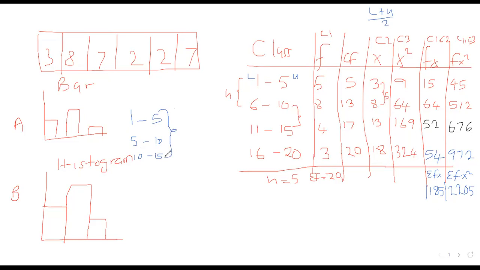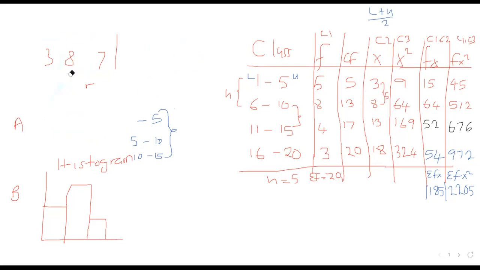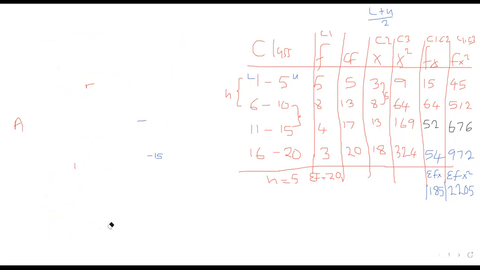If that is not the case, we use a correction term by subtracting 0.5 from the lower boundary and adding 0.5 on the upper boundary. This is what we do in statistics.